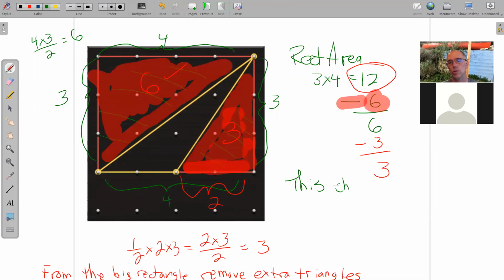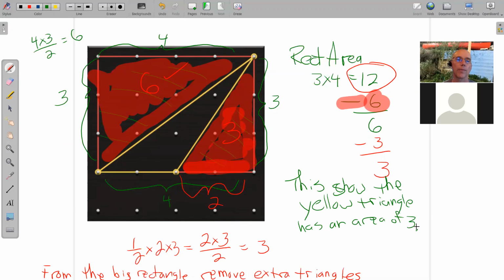So this shows the yellow triangle has an area of 3. And we're going to do this a few more times to try and get used to it. Okay.